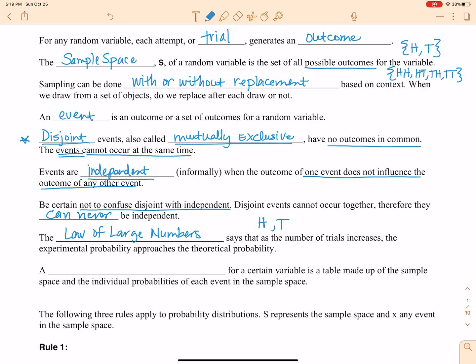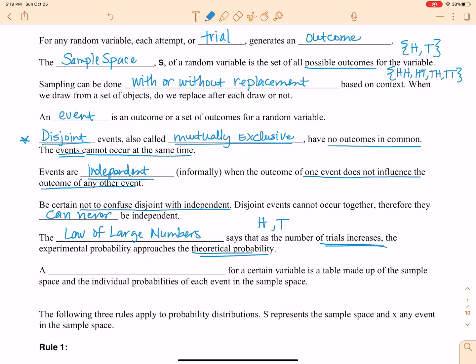Eventually, that's going to even out, and about half are going to be heads and half are going to be tails. That's what the law of large numbers tells me. It tells me that theoretically, in a situation where I have two outcomes, if I keep doing it and have an increased number of trials, I will eventually see a situation where I get half tails, half heads. So that is what my law of large numbers implies.